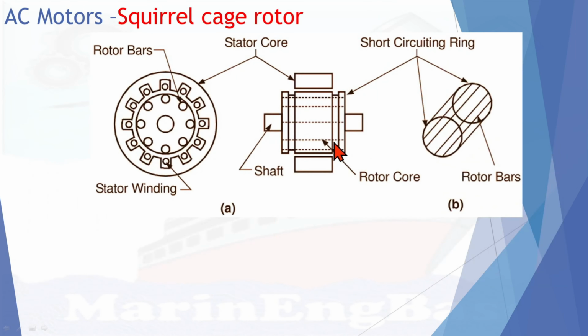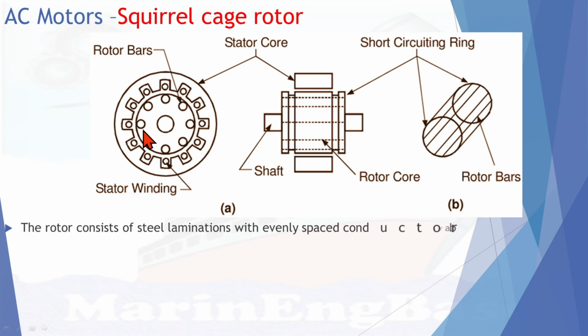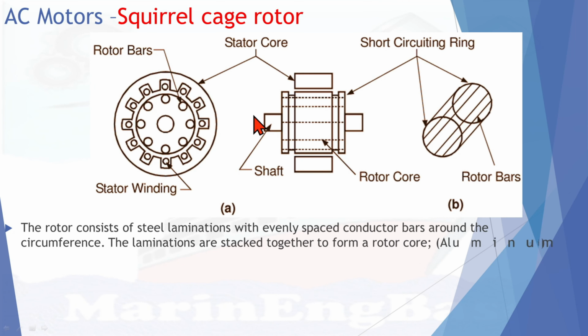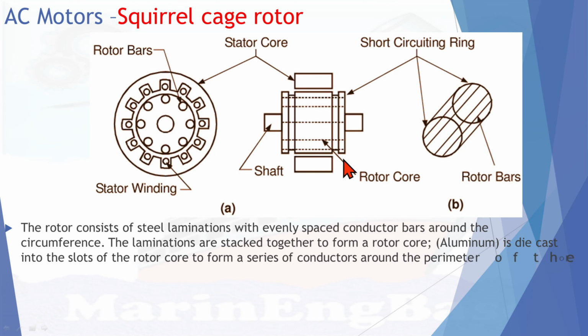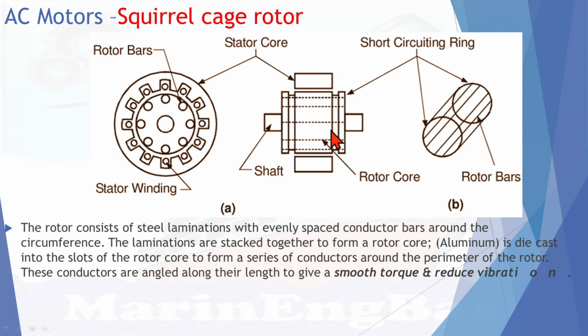Right. This is a squirrel cage motor's basic appearance. Suppose this is the rotor and the outer one is the stator winding, and this is the view. The shaft is there, the rotor core is there. It almost looks like a squirrel cage.